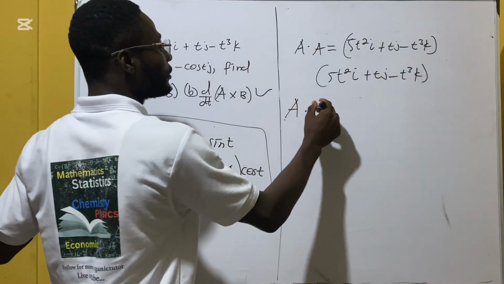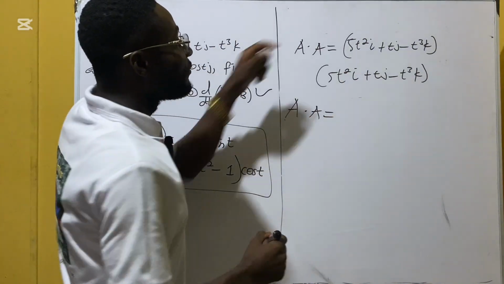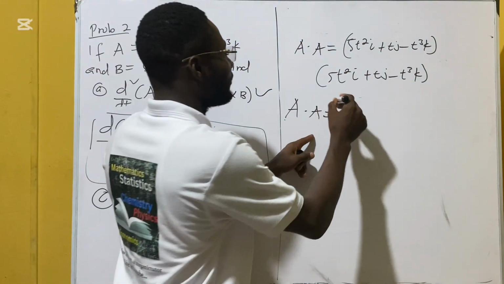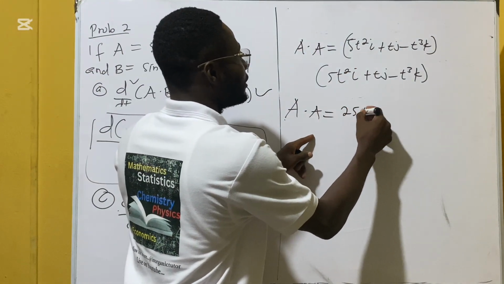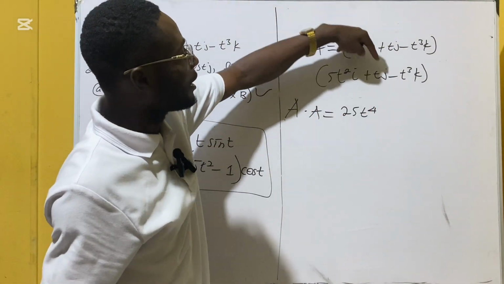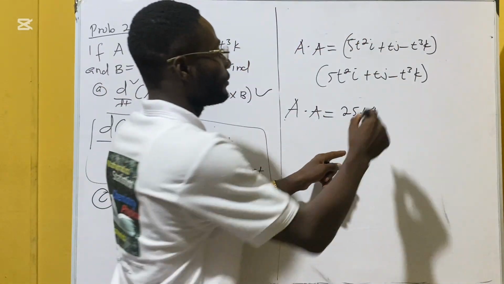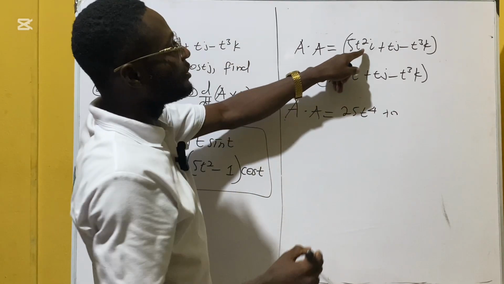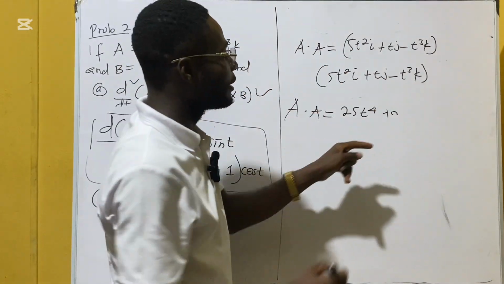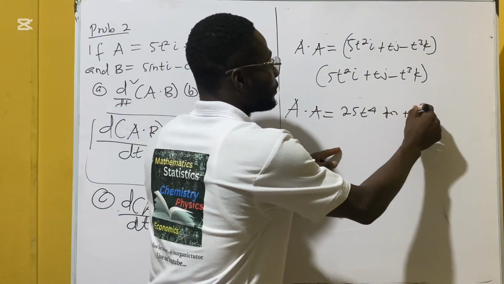So we have A dot A: 5t squared i times 5t squared i will give us 25t to the fourth. Then 5t squared i times tj is 0. 5t squared i times negative t cubed k is also 0.